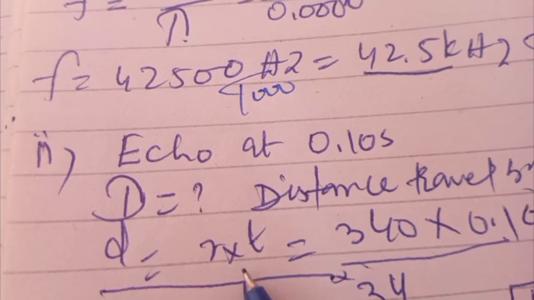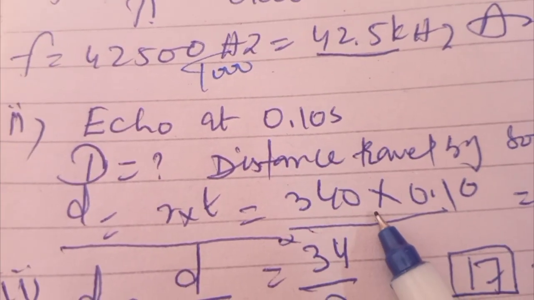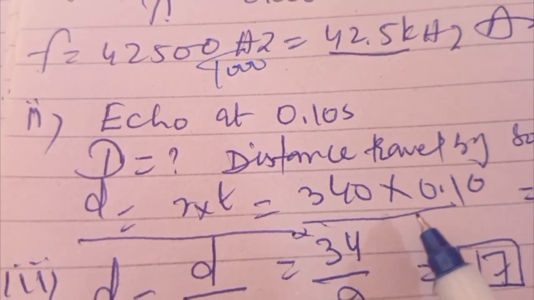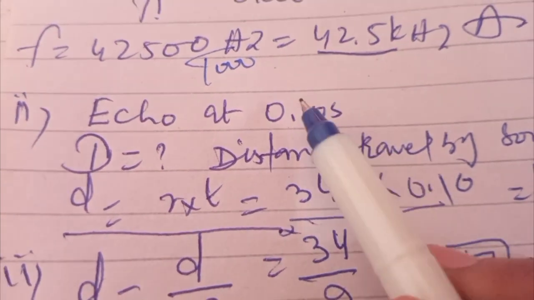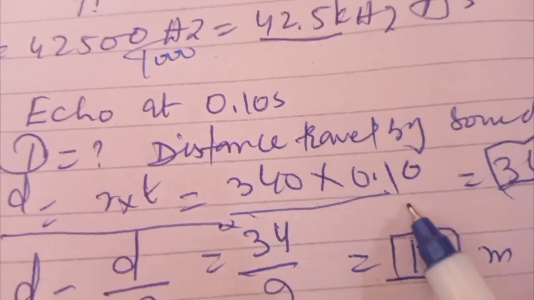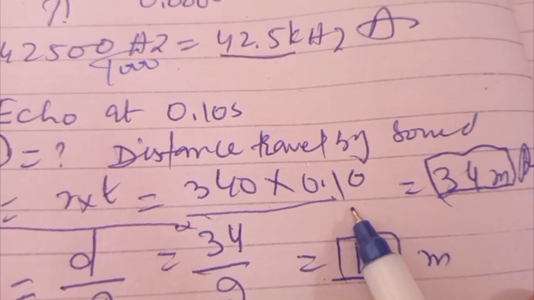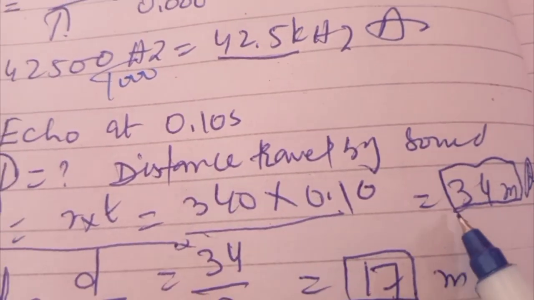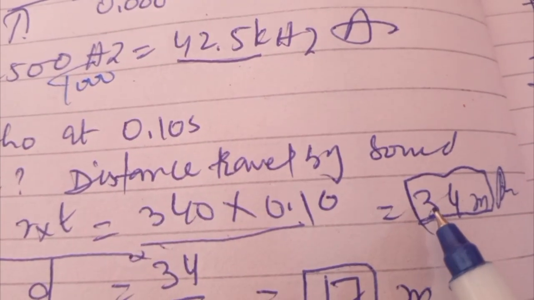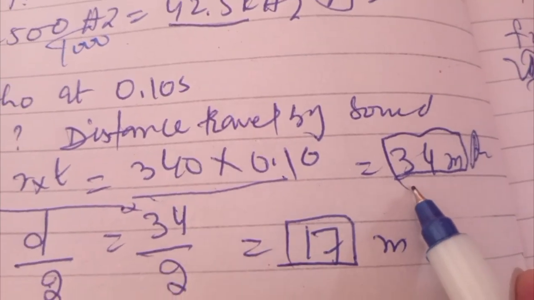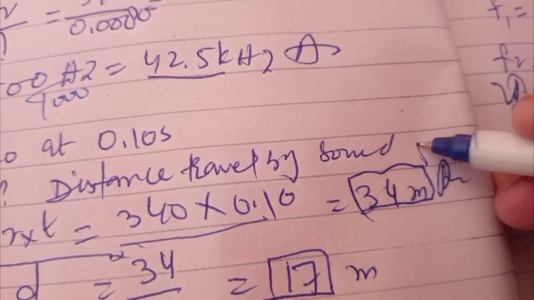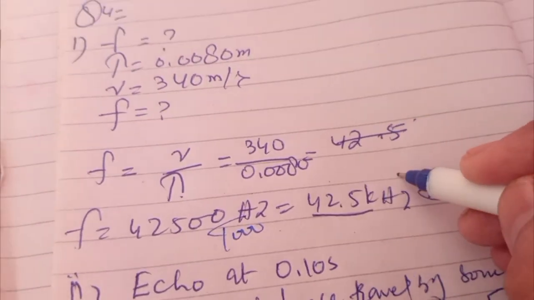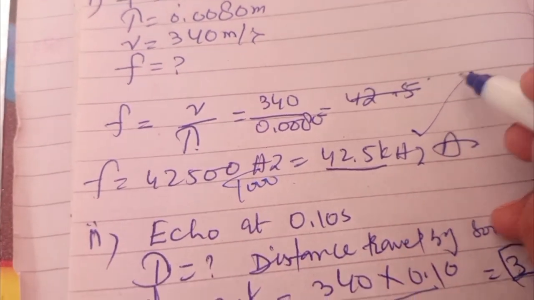You put the values here, 340, that is the speed of the sound, and the time given to you, 0.10 seconds. When you get the product of these two values, you will find the distance traveled by the sound, which would be 34 meters.